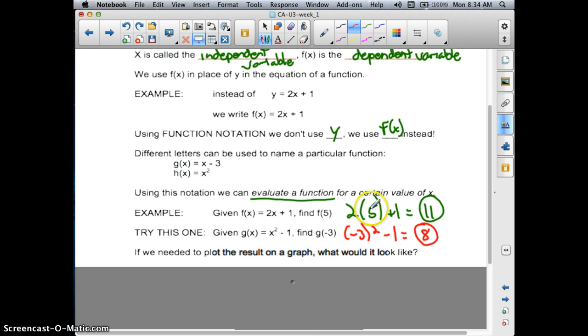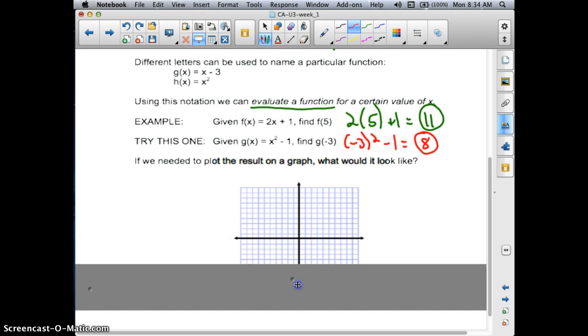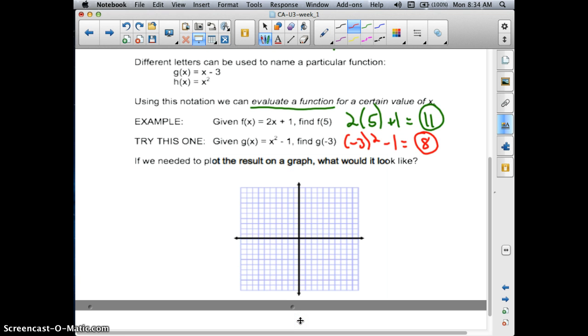If we needed to plot the result on a graph, we need to know what that will look like. So when you do that, you can plot f(x) and g(x). Let's just try f(x).